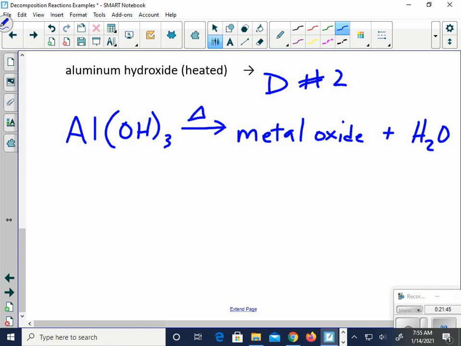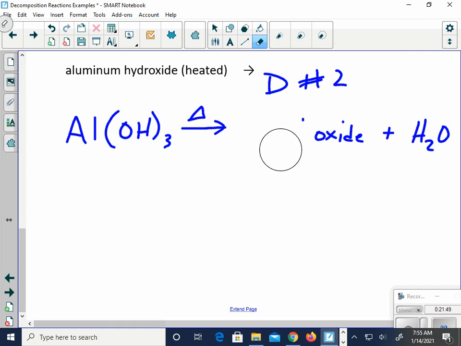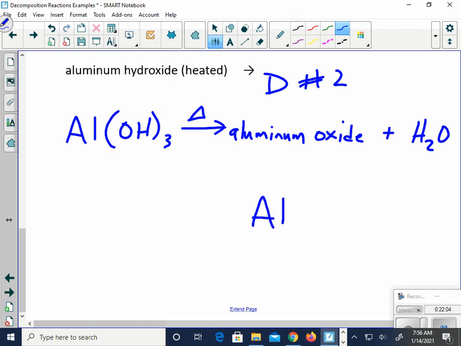Kaylin, what is my metal? Aluminum, so it's going to give me aluminum oxide and water. So now all I have to do is figure out what this aluminum oxide is. Well, I know aluminum is a 3+. I know oxygen is a 2-.